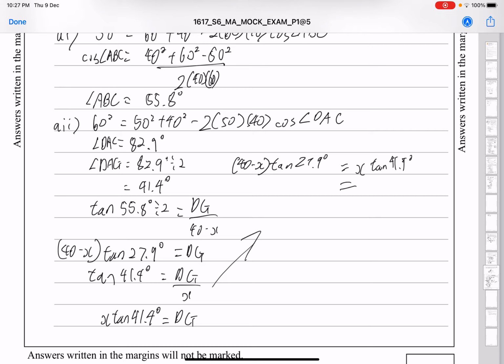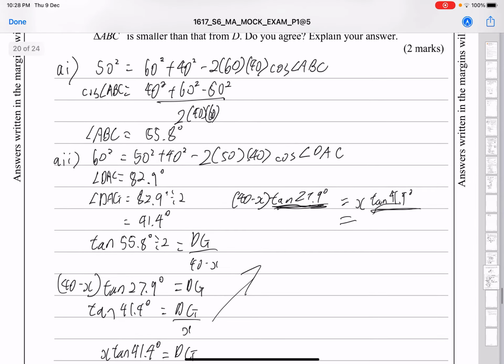Okay, so what do we do now? We just need to find this value here and express it using decimals, so it is easier to calculate. So let me find back the value of angle ABC to avoid the errors.